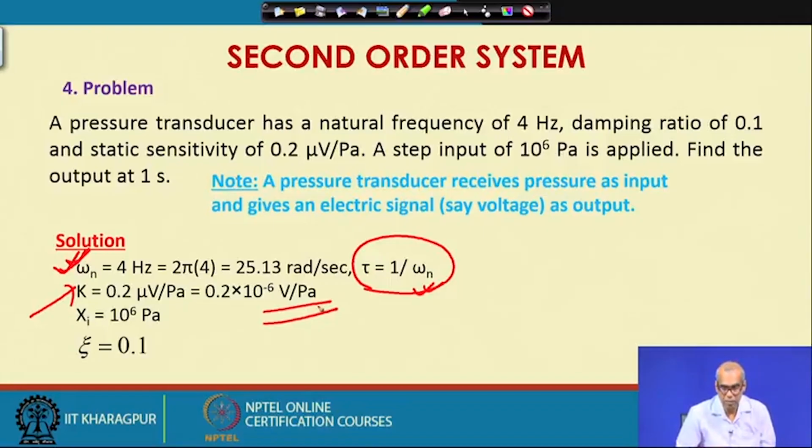We are expressing it in terms of volt per Pascal. Input is given as 10 to the power 6 Pascal, zeta is given as 0.1 damping ratio. So, this is a case of underdamped instrument. So, we have to make use of the expression for underdamped response.